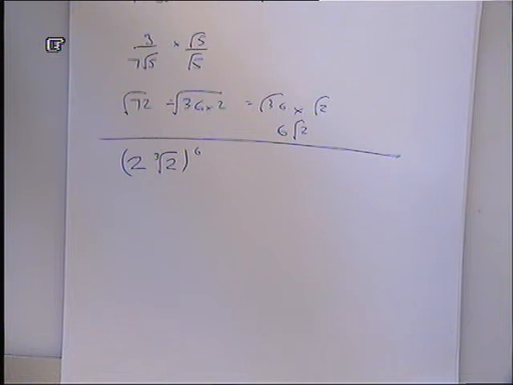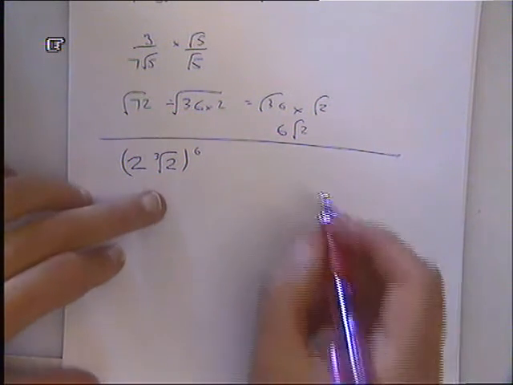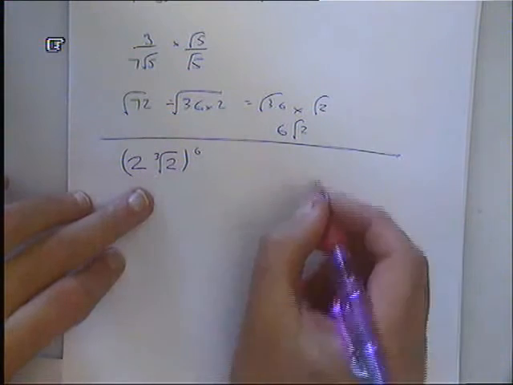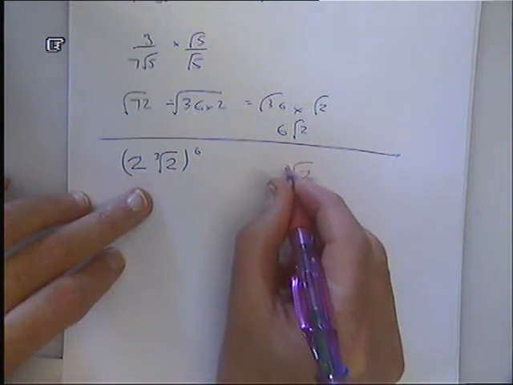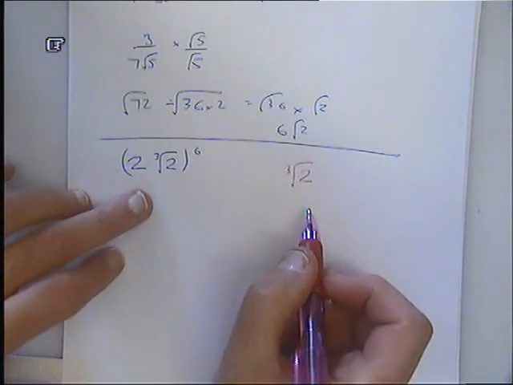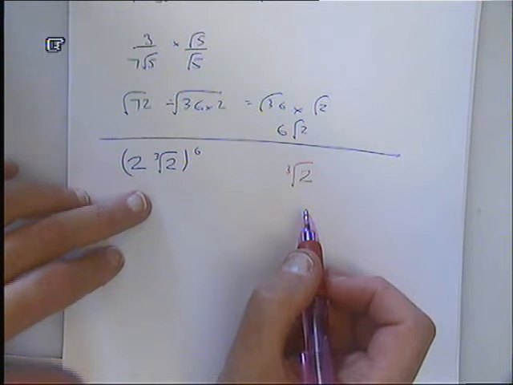Anyone offer any strategies for how we would start this question? Yep. Would you have to deal with the indices? Like, you would have to maybe convert it so it turns from a square root to a cube root or something. Okay, well, yeah, at the moment, if we look at this bit here, I've got a 2 with a 3 there. So at the moment, that is a cube root.